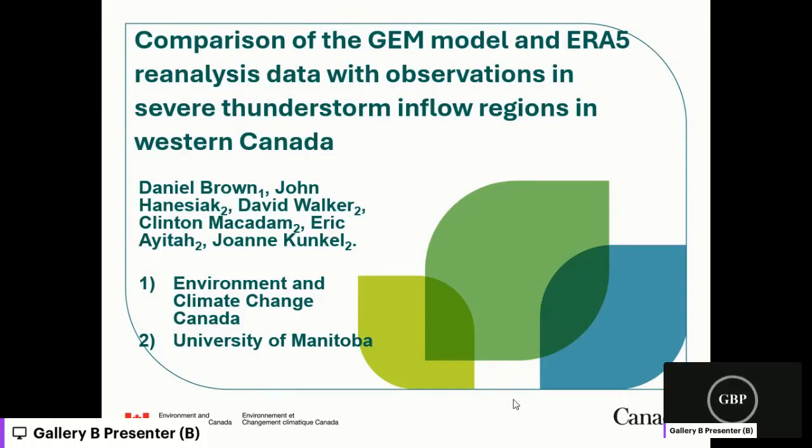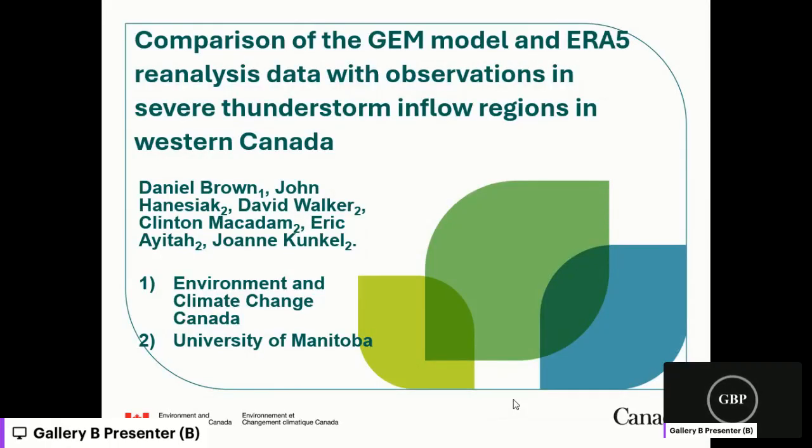I'm Daniel Brown. I work with Environment and Climate Change Canada. And I just want to talk a bit about some work I've done comparing the GEM model, both the regional and global models, with some reanalysis data and observations.